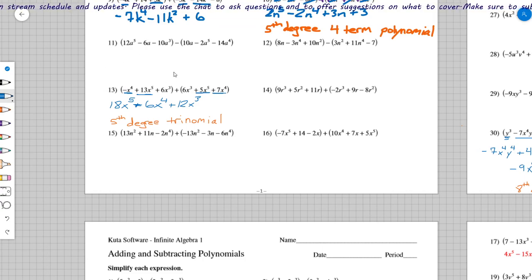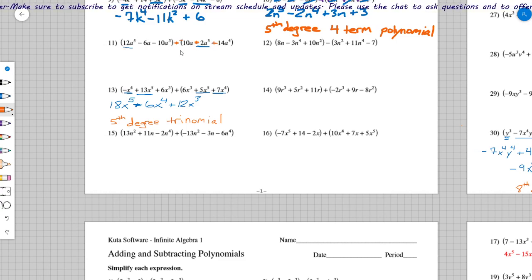Looking at our highest degree, it looks like a to the 5th is our highest degree. So 12a to the 5th minus, oh, and this is a subtraction, so we need to change all the signs real quick before we do that. So to add the opposite, and the opposite.